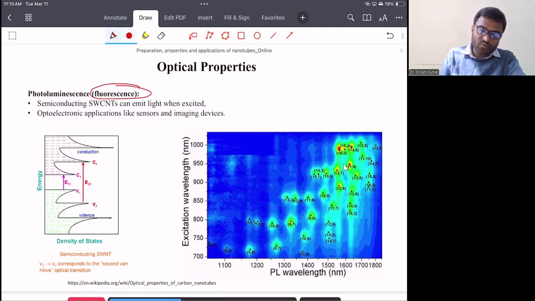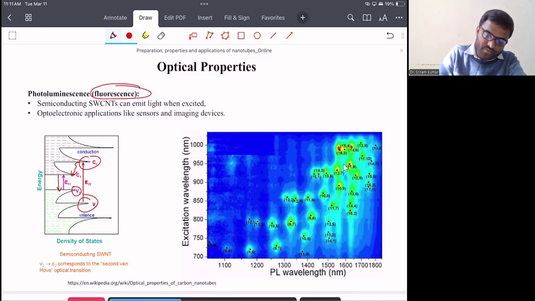So what is fluorescence here? We can explain this in terms of light. For example, if the transition is happening from V2 to C2, and the energy comes down to C1, and then comes back to V1, what happens?